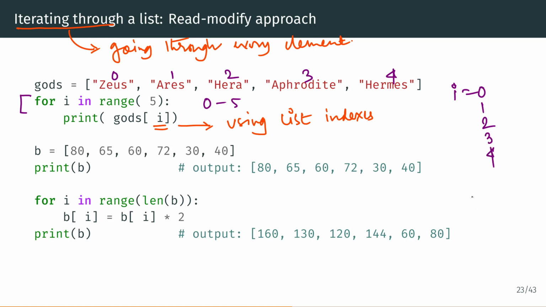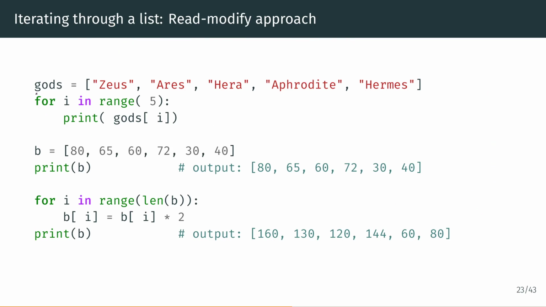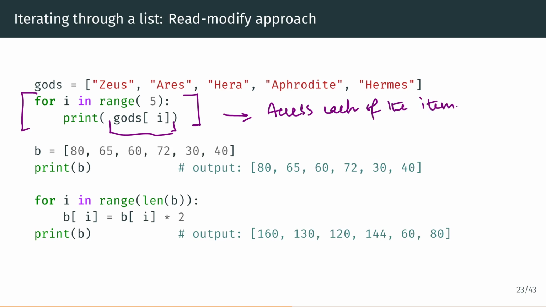In this example, we go through each of the elements in the list and we just print it. But you don't have to print it, you can do something else as well, completely up to you. But this lets you access each of the items in the list one by one. In this case, we just print it, but you can do something else as well.